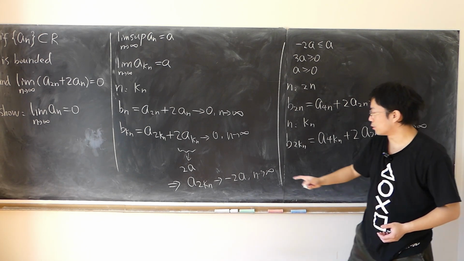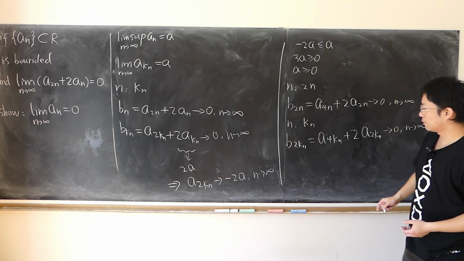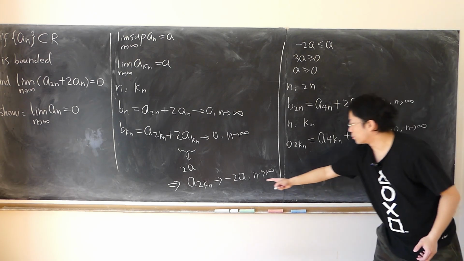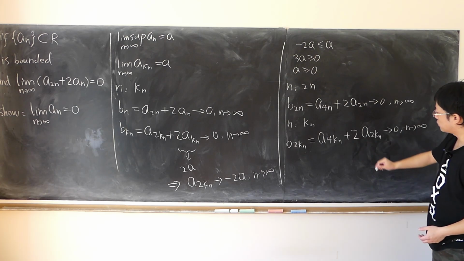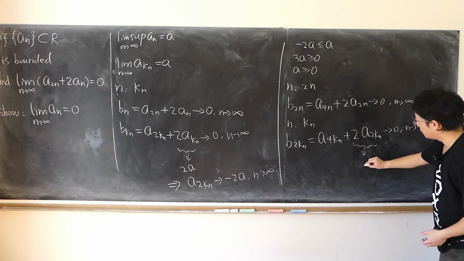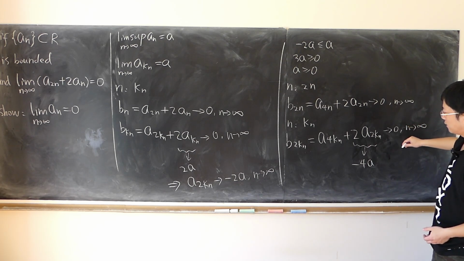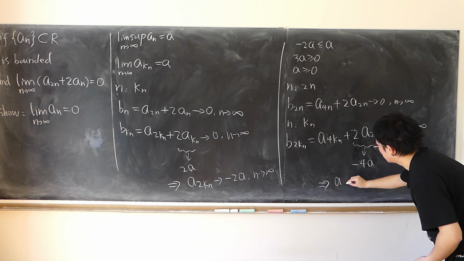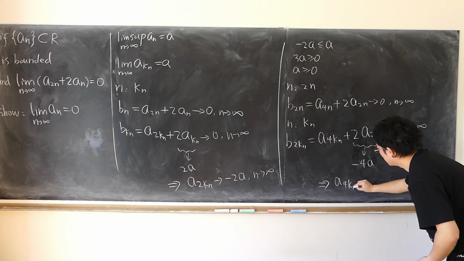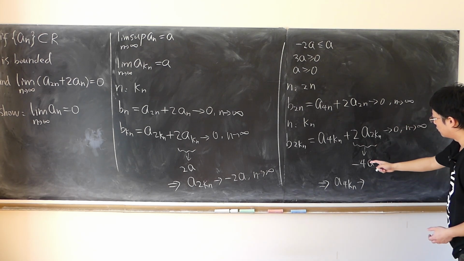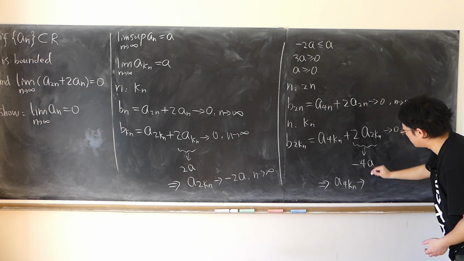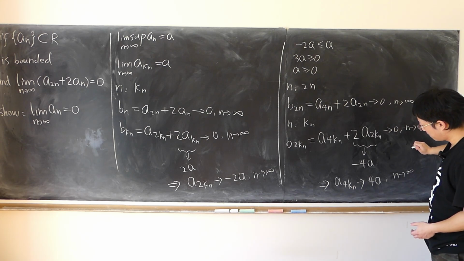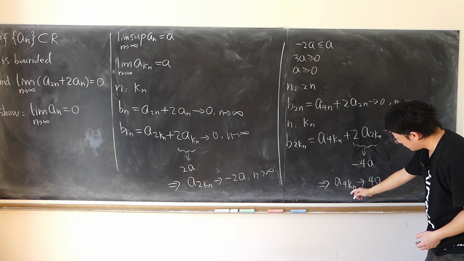Then I can take advantage of this result. a_{2k_n} approaching negative 2A. This time times 2, approaching negative 4A, which tells me this is, whole thing approaching 0, so a_{4k_n} must approach 4A, right? I don't know what that is, but that's just a subsequence, right?